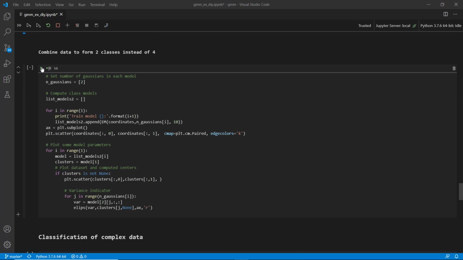Now I want to move to an actual Gaussian mixture model. So we can say, well, both the blue and the brown data are actually both belonging to one class. So we would combine them, and we want to train a Gaussian mixture model on that data. And we can say that we're just training one GMM, but we're now having two Gaussians in this GMM, so two mixtures. Then we can train this, and we see similar output.